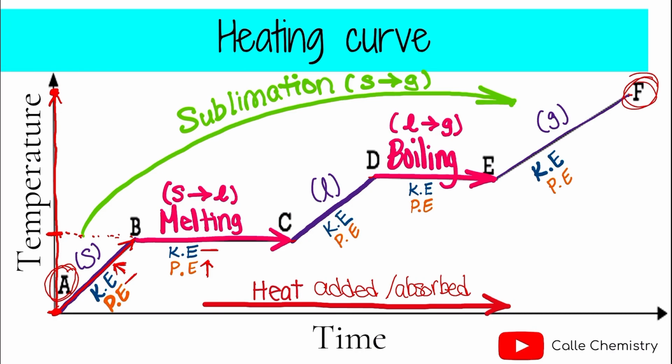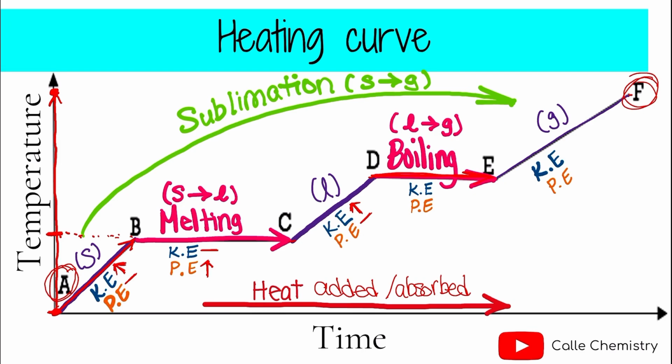The temperature is increasing once again, so the kinetic energy is increasing. Now, once again, going back to what was mentioned earlier, one changes, the other one stays the same. So one energy changes, the other one is staying the same. Let's go to DE. When this substance is boiling, it is at one temperature.